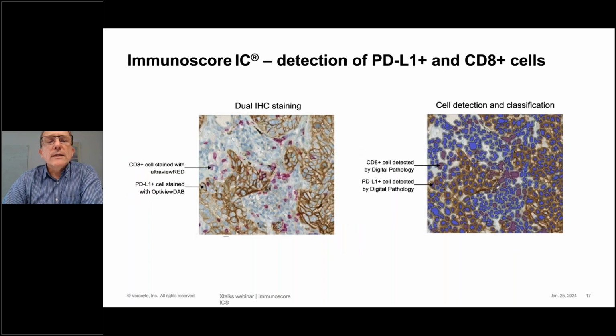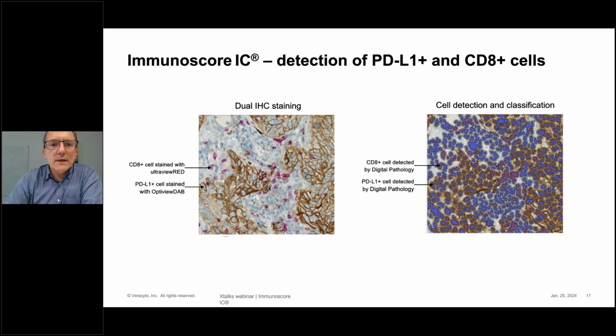So first step is the dual staining and cell detection. We can see on the left an image where the CD8 positive cells are detected with the ultraviolet detection reagent. Same thing for the PDL1 positive cells with DAB. So it's quite direct double staining with 2 primary antibodies from different species that can be detected simultaneously on a single section.